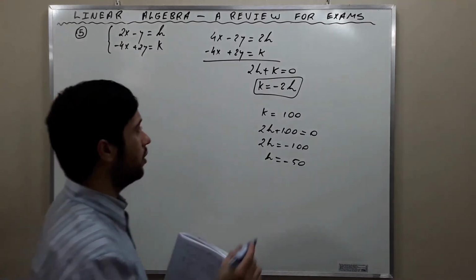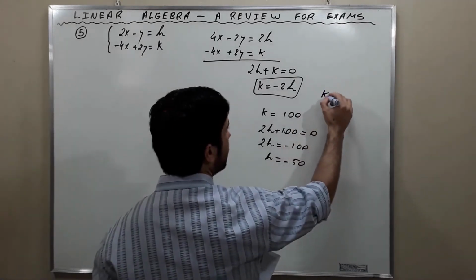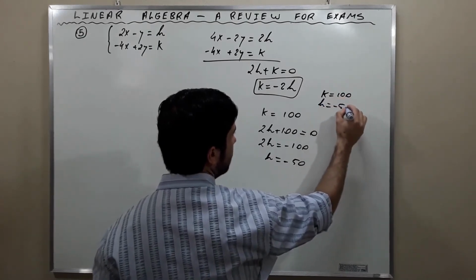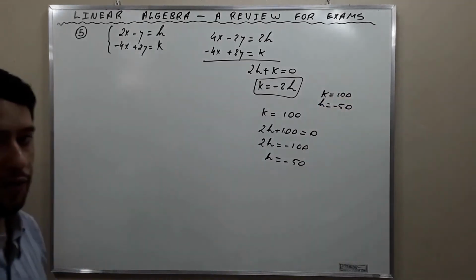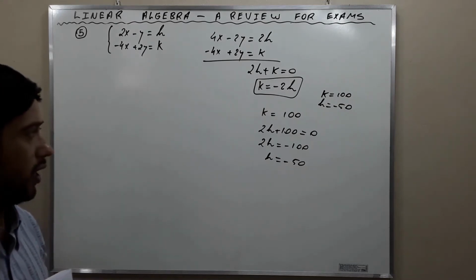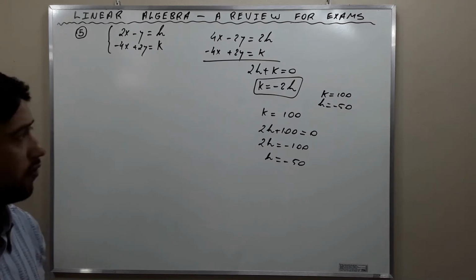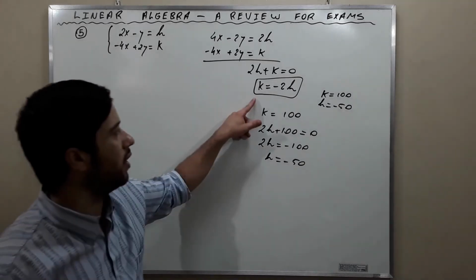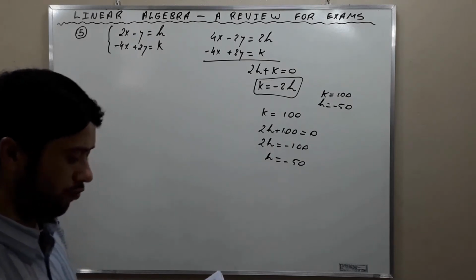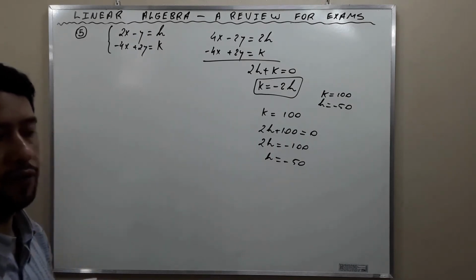Then if k is equal to 100 and h is equal to negative 50, then this system will be consistent. Okay? You can choose any kind of value provided that k is equal to negative 2h. Alright, this is all for exercise number 5.